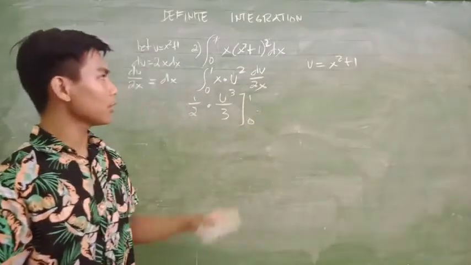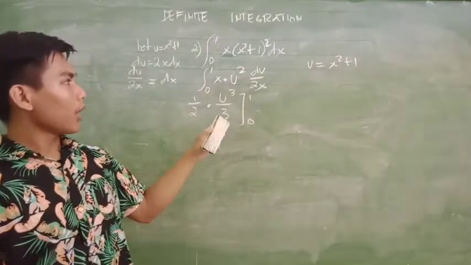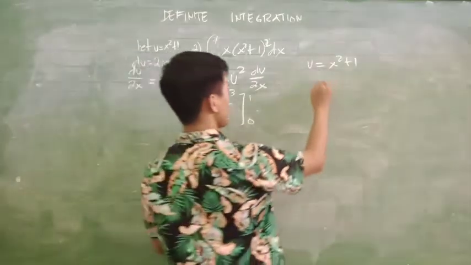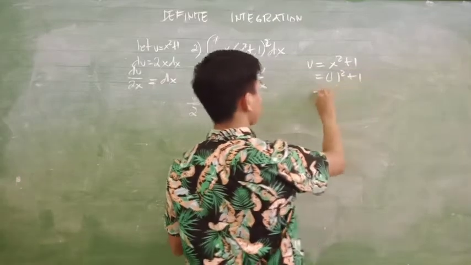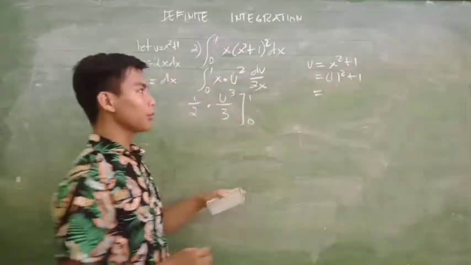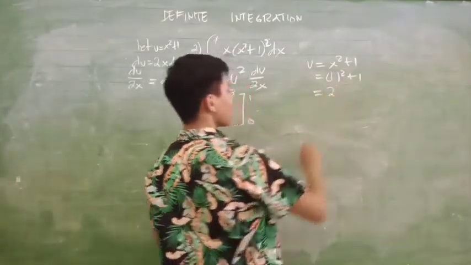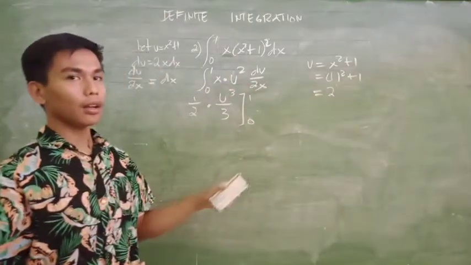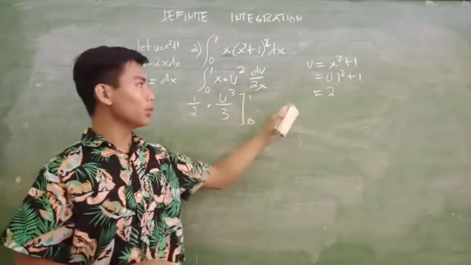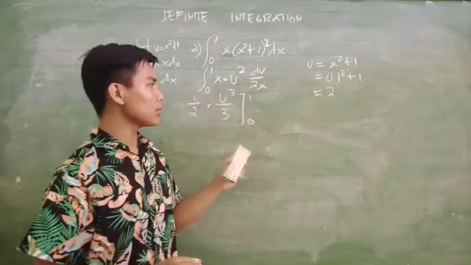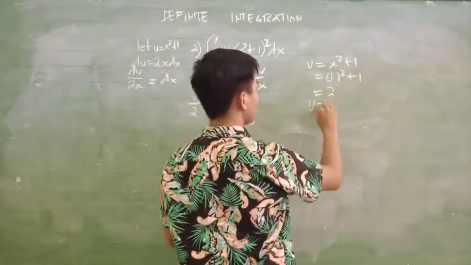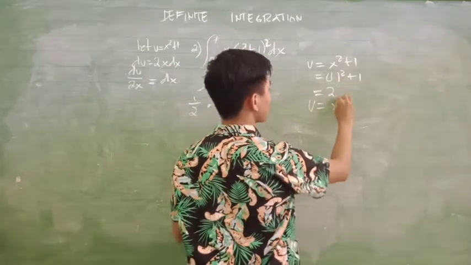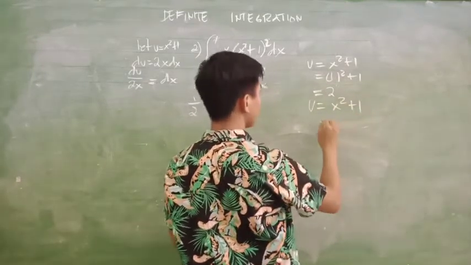So we have to substitute our upper interval, which is 1. So this would be 1 squared plus 1, and 1 plus 1 would be 2. So this would be our new interval in terms of u. So now we have to substitute our lower interval. So this would be u equals x squared plus 1.